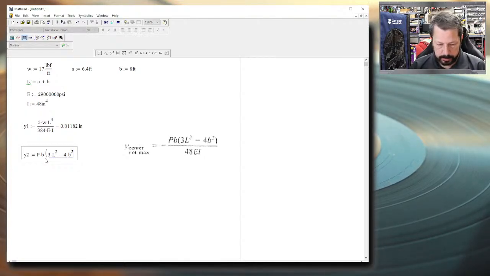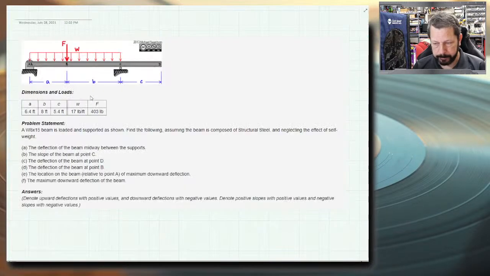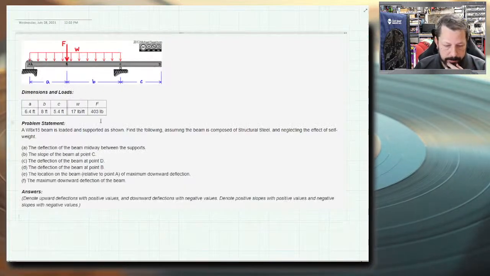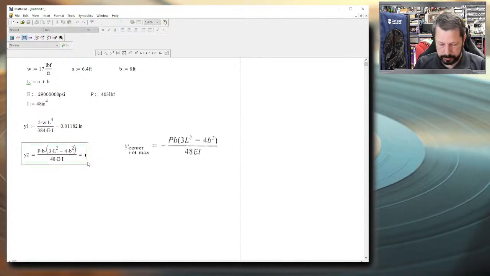Minus B squared, all of this over 48EI. So most of this we already have, but it's telling us we don't have a value for P, so let's put P equals, what they call F here, 403 pounds. And we have B, we have everything else. Let's see what that evaluates to.